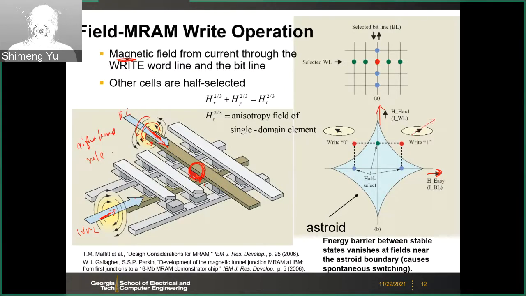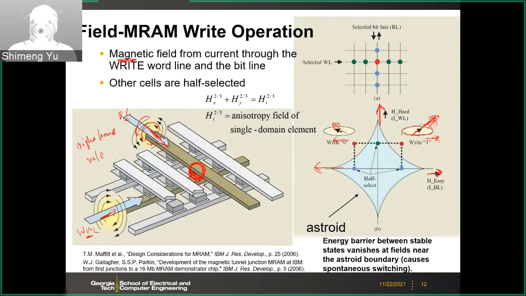So effectively, you will generate a combined field pointing in this direction. And this probably can switch the magnetic tunnel junction to the right. And then if you want to switch to the left, you just need to reverse the WWL direction. For example, you reverse it, then you are still applying the BL, so you have this field and this field. Effectively you have this field. This will switch this to the left.